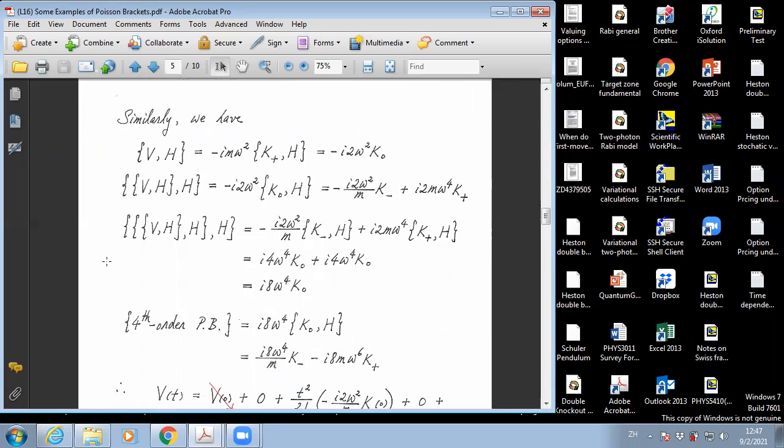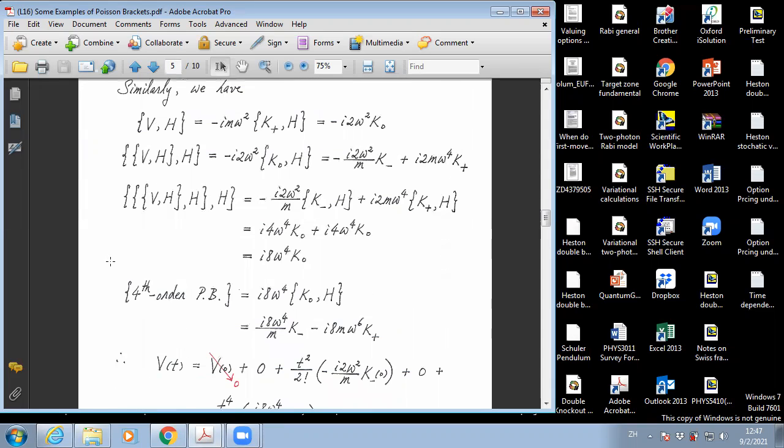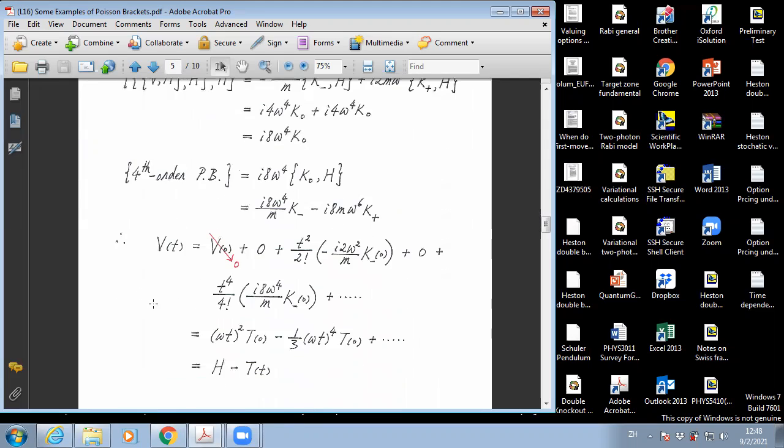As shown here, after straightforward procedures, we realize that the V(t) involves a power series of t, which is related to the kinetic energy, as shown here.